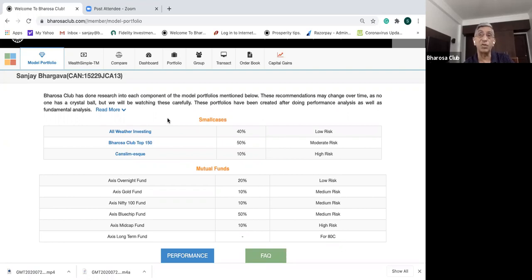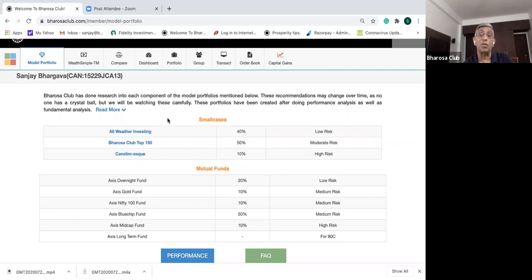And on the redemptions, you pay either a 15% tax on short-term capital gains if they are equities. If they are debt, then you pay the normal rate. And if there are long-term capital gains on equity, then the first 1 lakh you pay nothing, and then above that you pay at 10%.